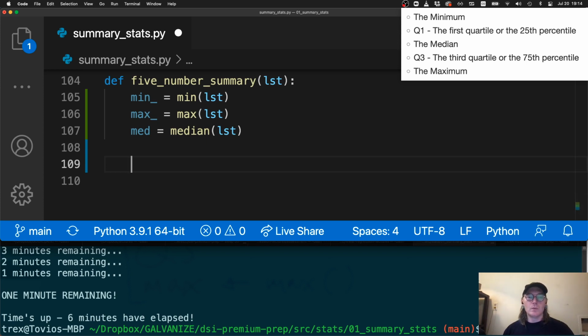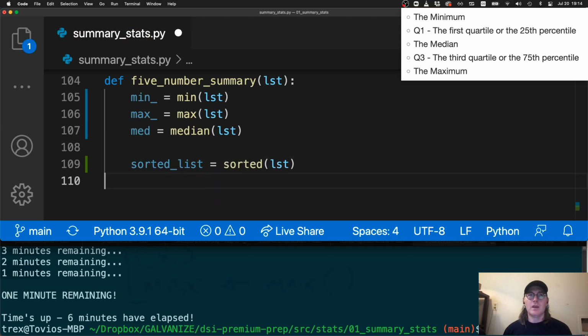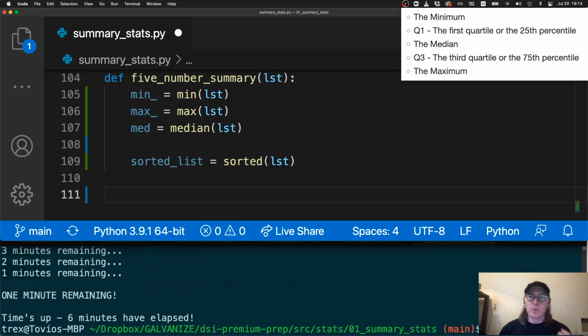Now, the next thing we need to do is determine the lower half of our data. How do we do that? Well, lower half would imply that we're in numerical order, so we're going to use the sorted function. I'm going to call sorted on list, and name this our sorted list. From there, we want to check to see if that list is even or odd in length.